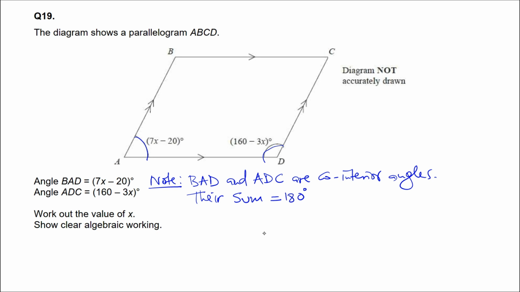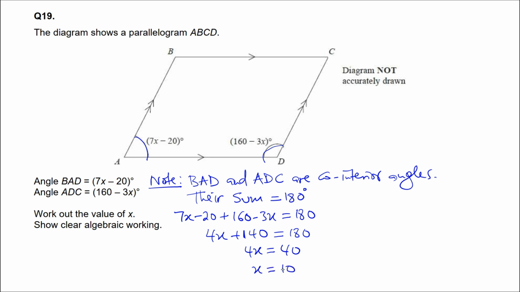So using that idea, we can work out the value of x, because you know that 7x minus 20 plus 160 minus 3x will be equal to 180. So 4x plus 140 will be equal to 180. So 4x will be equal to 40, which means x will be equal to 10.